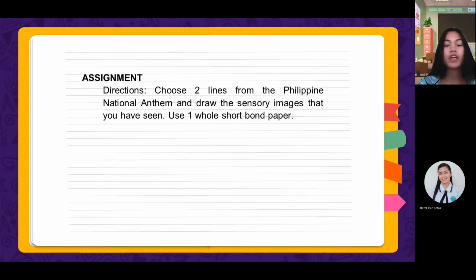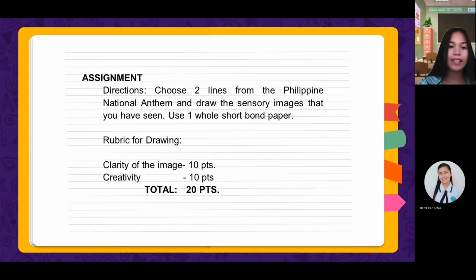Directions: choose two lines from the Philippine national anthem and draw the sensory images that you have seen. Use one whole short bond paper. This is the rubric for drawing, class. Clarity of the image, 10 points. Creativity, 10 points. So a total of 20 points.